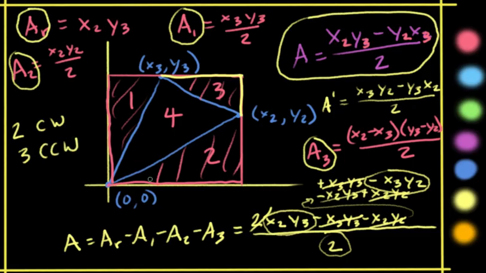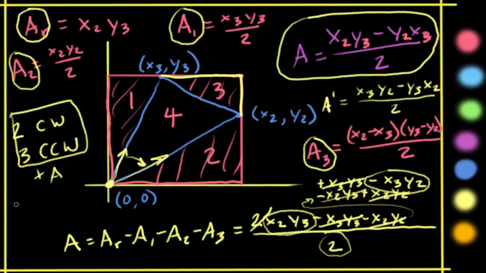Does that make sense? By clockwise I mean if you had a minute hand here, right? If this is a minute hand and this is an hour hand, here the minute hand is further clockwise. So point 2 is further clockwise and point 3 is further counterclockwise. If you have this, then you get a positive area.